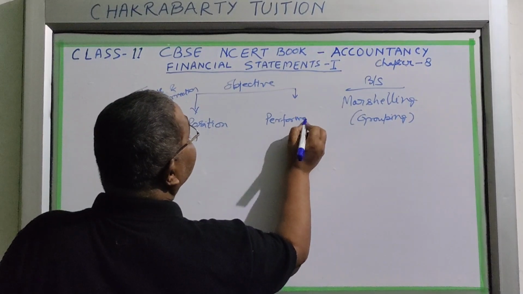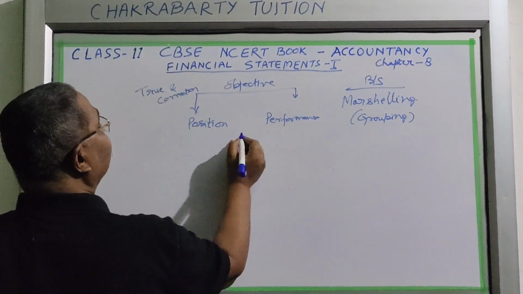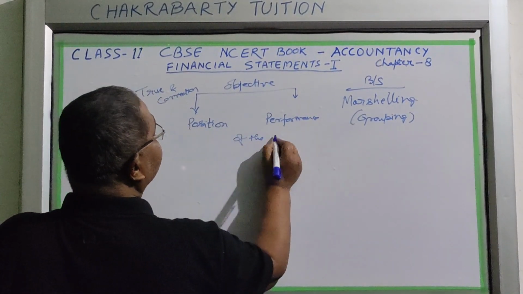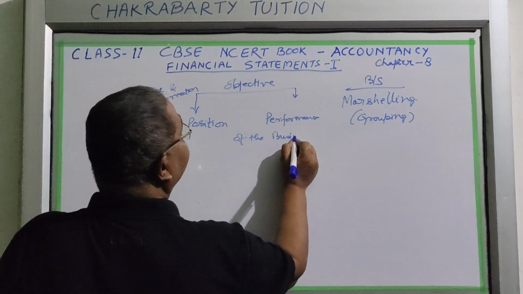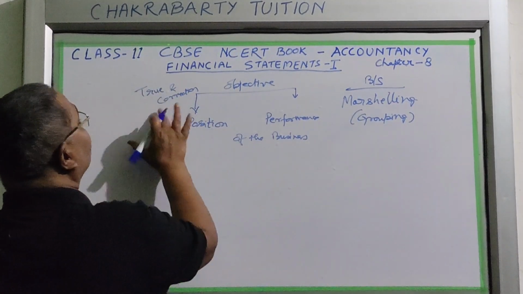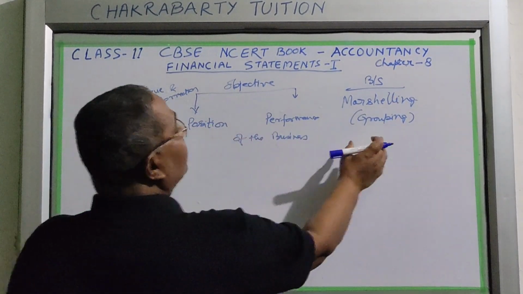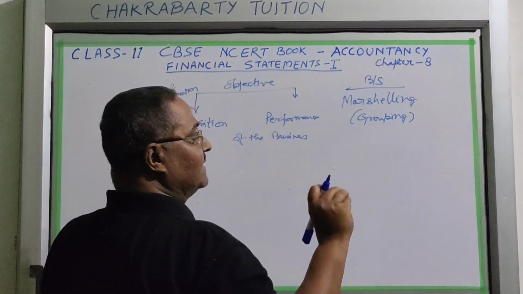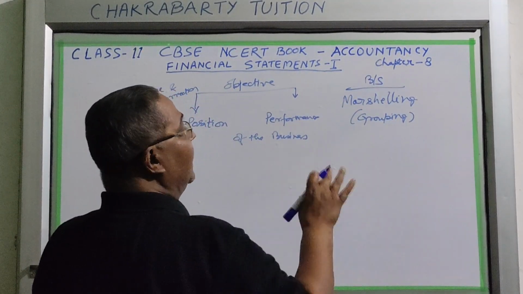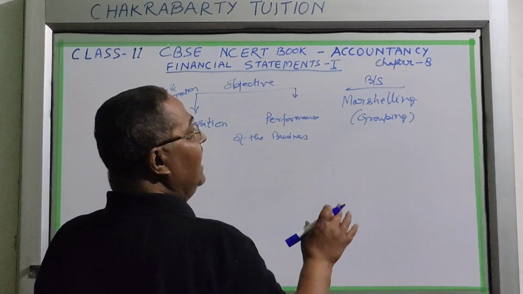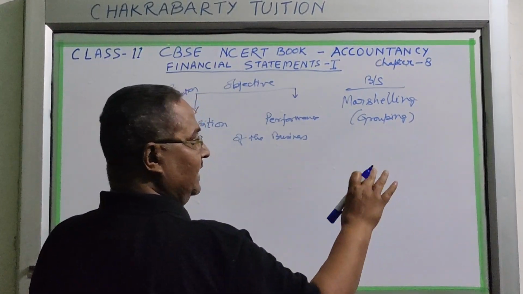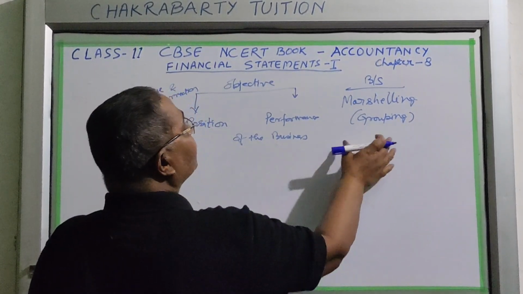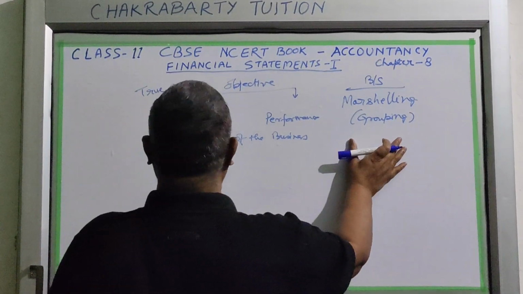That is its main objective. So for a true and correct position, we do marshalling in the balance sheet and group the items, like fixed assets in one place, current assets in one place, and likewise all capital related items in one place. In this way it is called the marshalling of items.